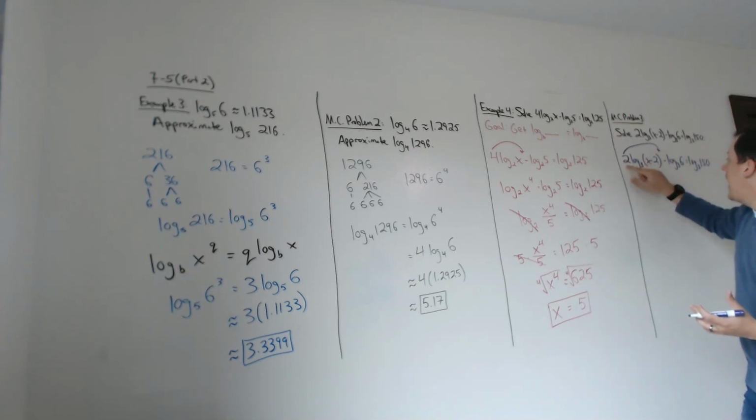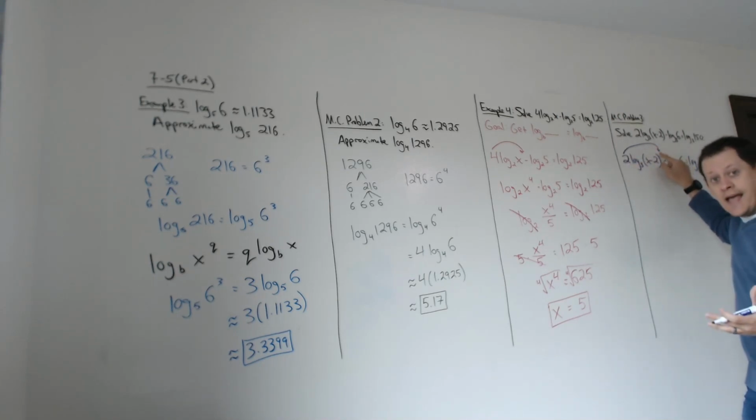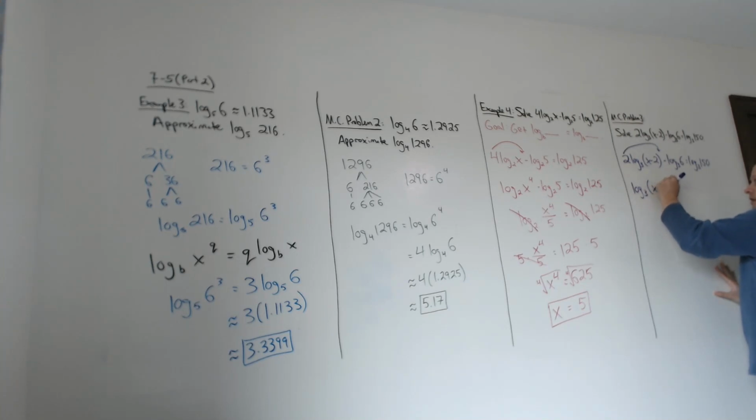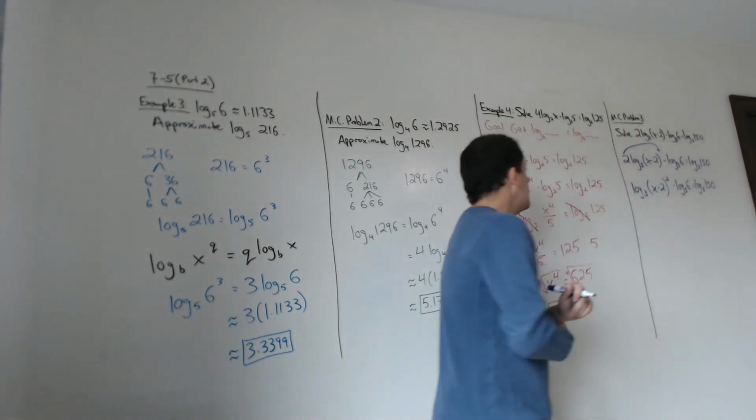The exponent will go at the end, outside the parentheses. So that's going to look like this. So that 2 out front is now x minus 2 squared.